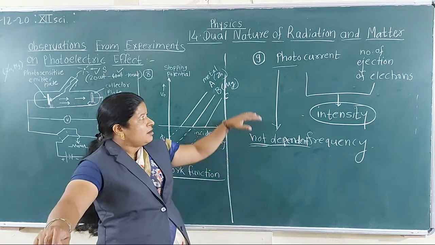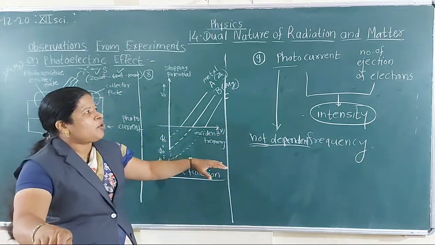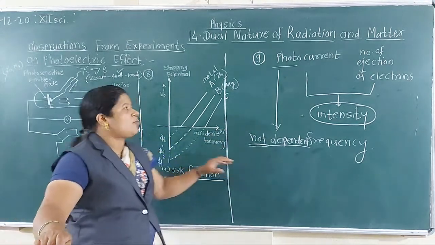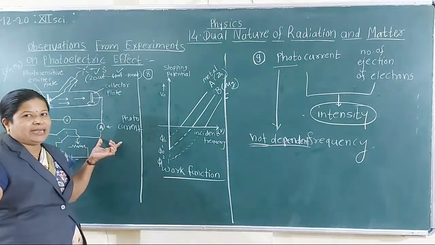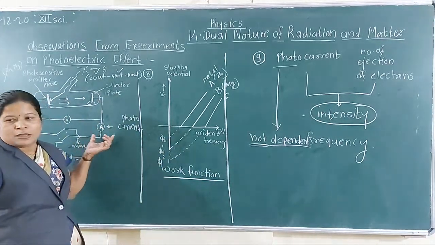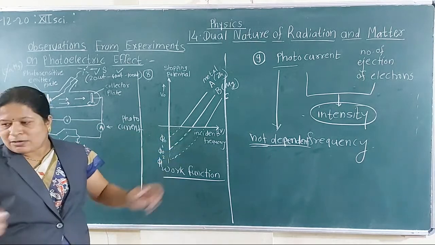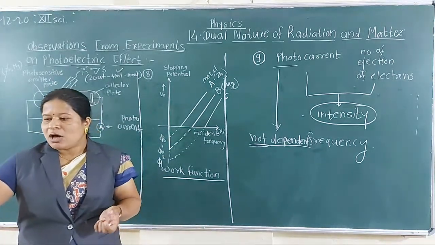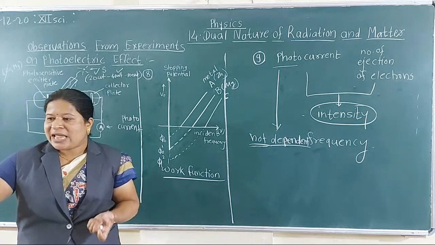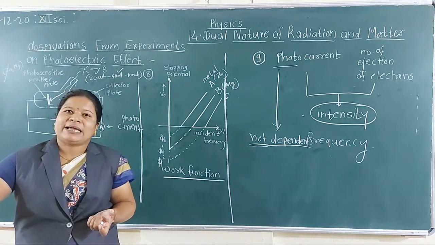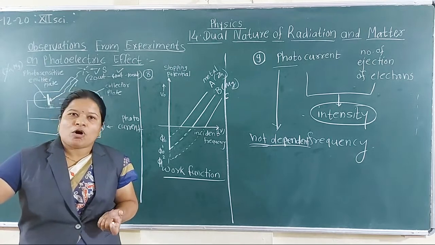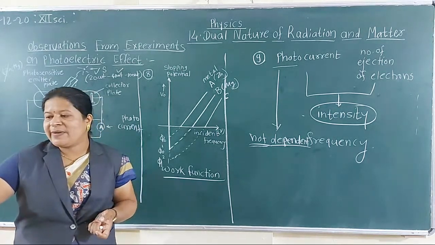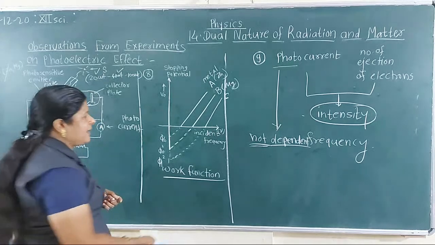These are the important observations from this photoelectric experiment. So the next point that we are going to learn is what the reasons or failure of wave theory are in explaining the observations from experiments on the photoelectric effect.